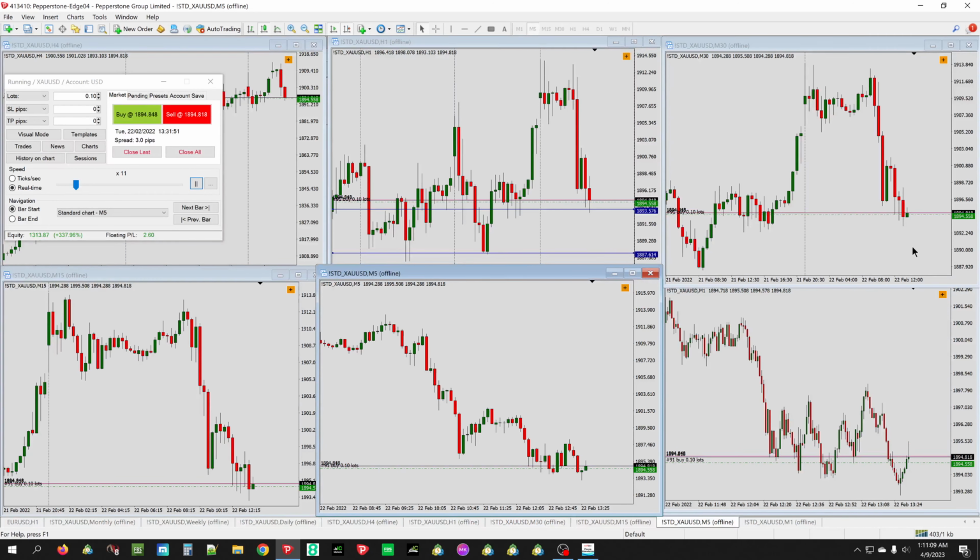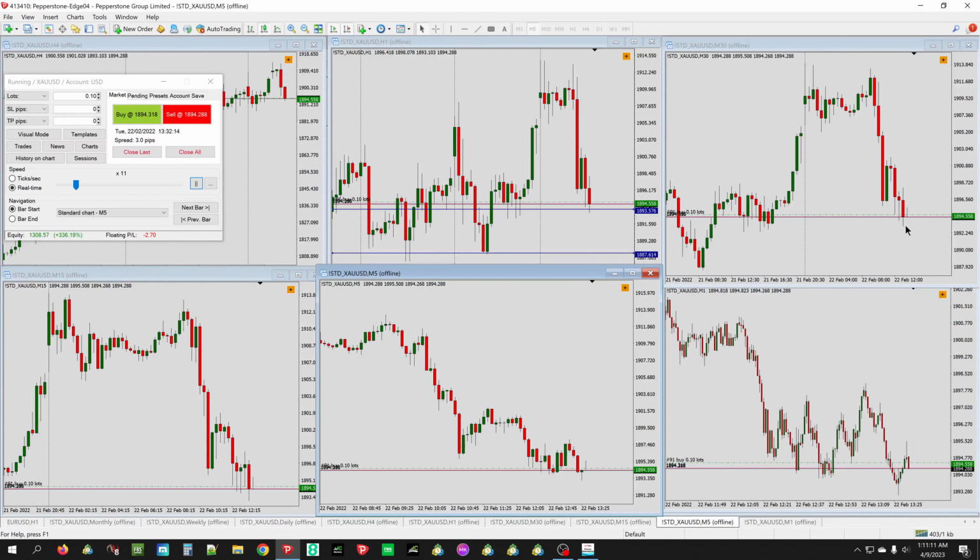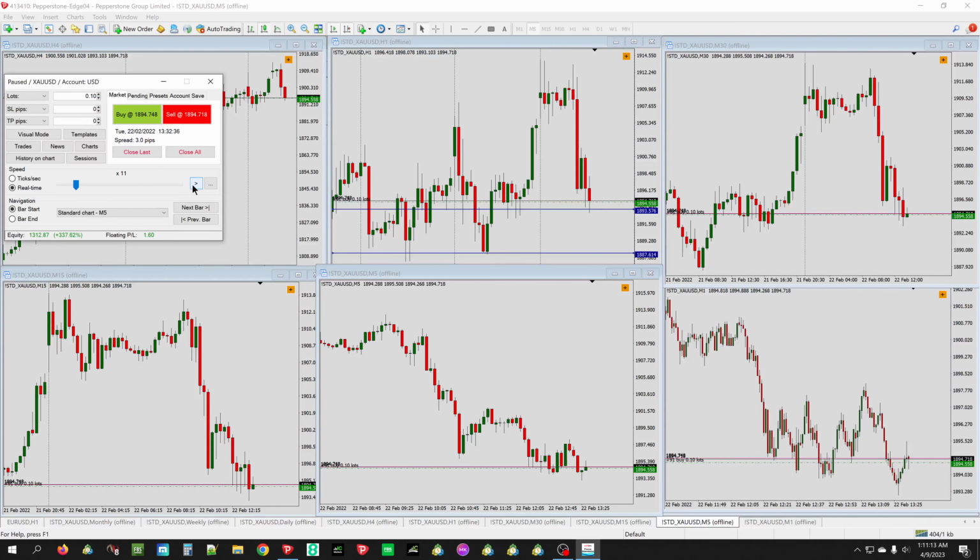M30 candle has closed bearish below all those areas, so this buy I don't think makes any sense. M15 candle has closed bearish, M5 closed bearish, and I am executing buys. This trade doesn't make any sense.